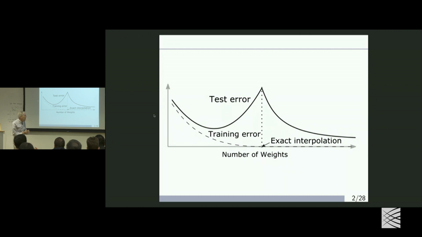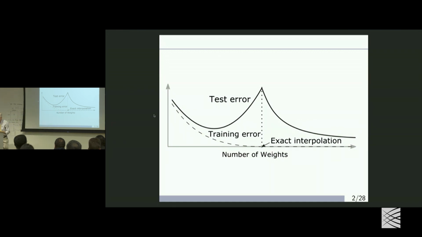The novelty is that after exact interpolation, it comes back down. The explanations are quite deep, with quite a lot of analysis there, but I thought you might like to know that picture.